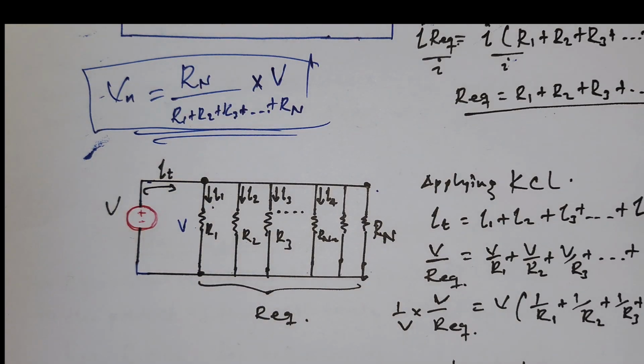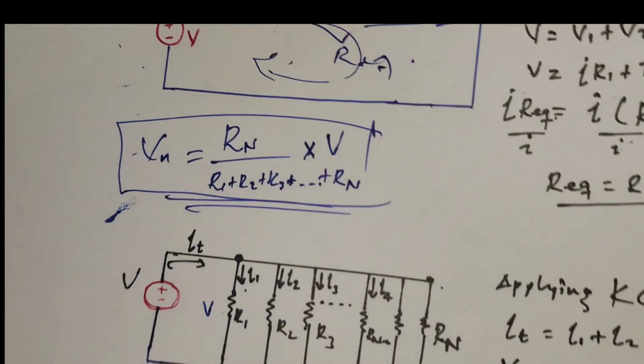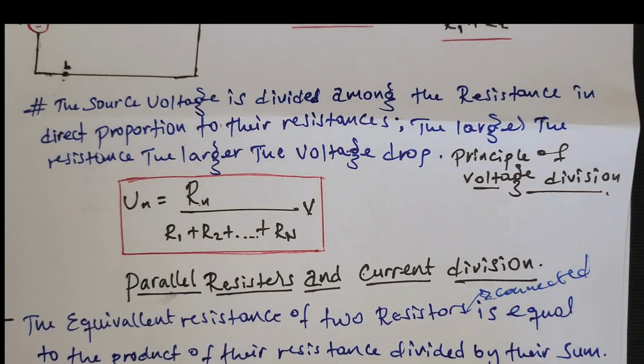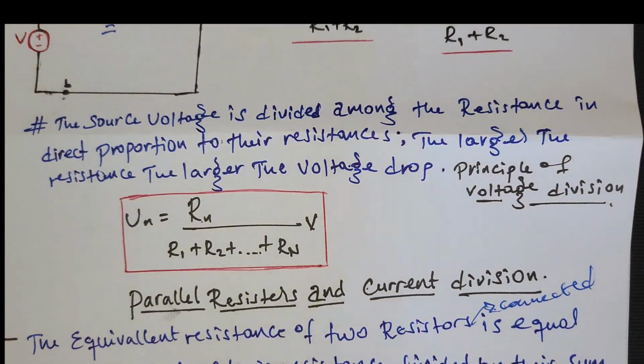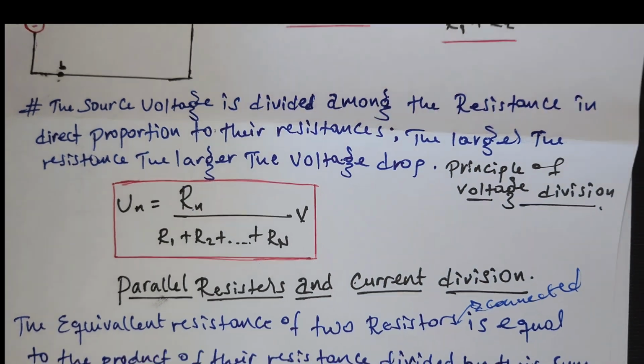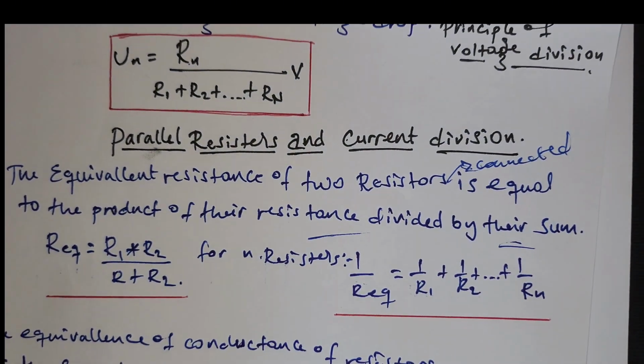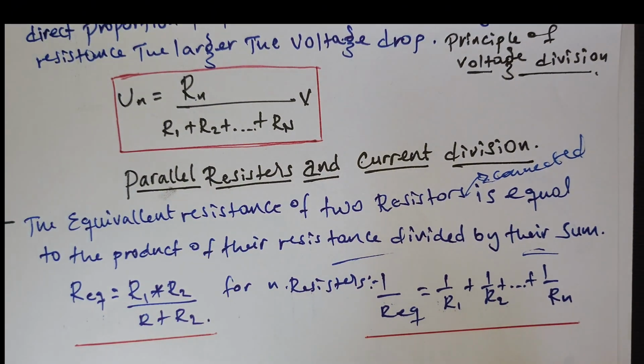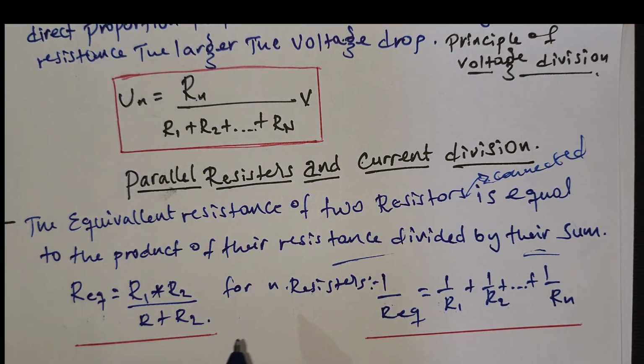When elements are connected in this way, if you have only two resistors connected in parallel, their equivalent resistance is the product of the resistors divided by their sum.